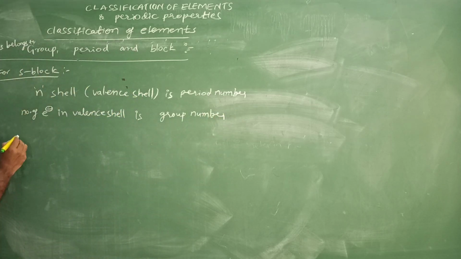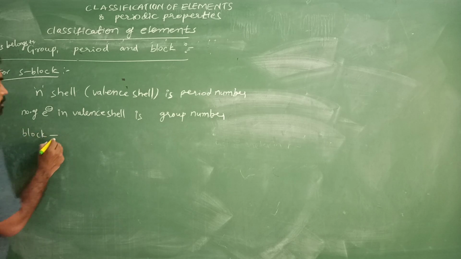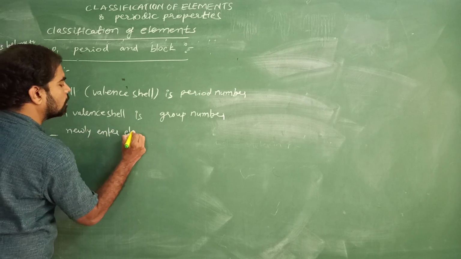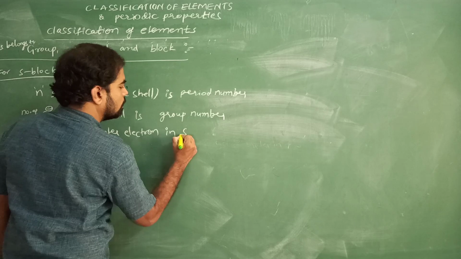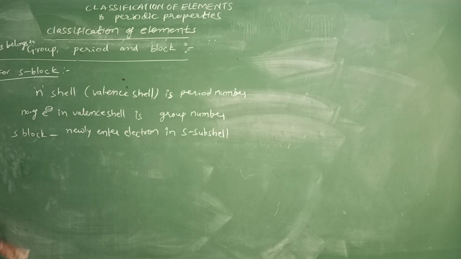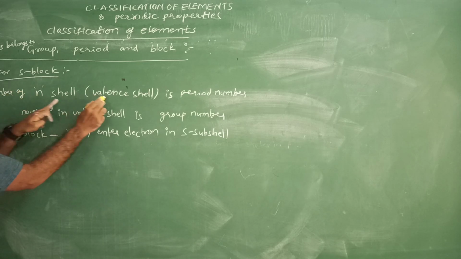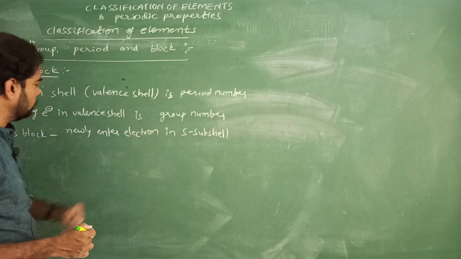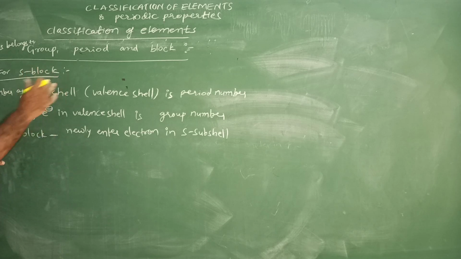And for the block, the newly entering electron goes into the S subshell, that is the S block. So remember these points. The number of the N shell, that is the valence shell number, is the period number, and the number of electrons in the valence shell is the group number. Block means the differentiating electron enters the S subshell, that is an S block element.